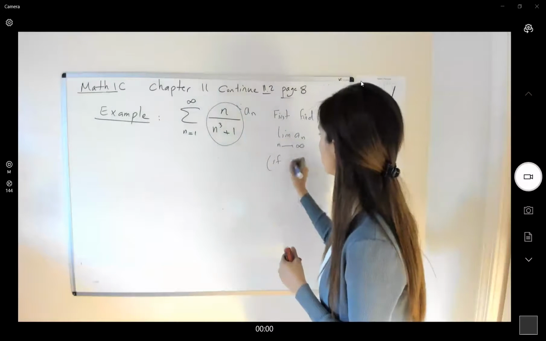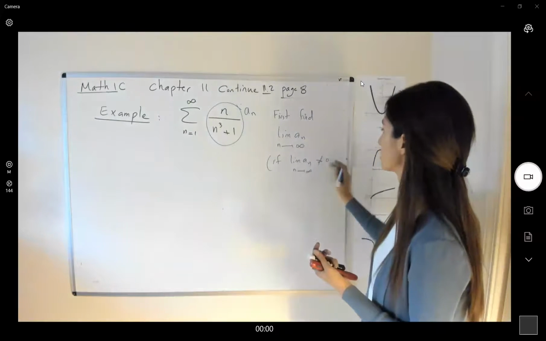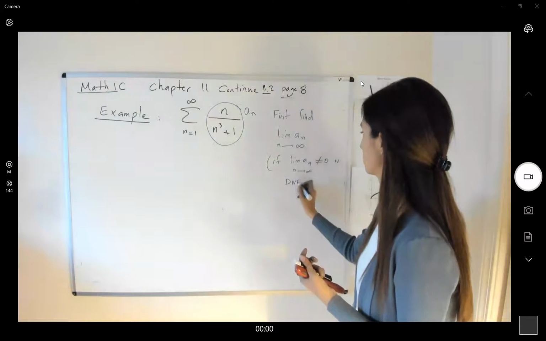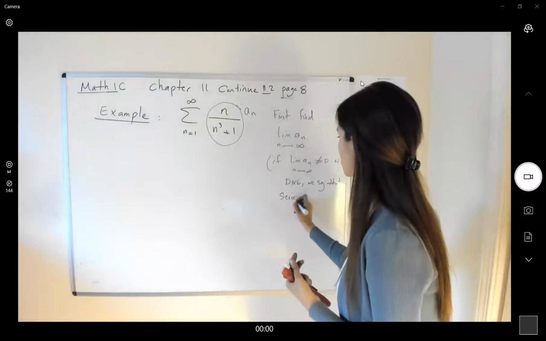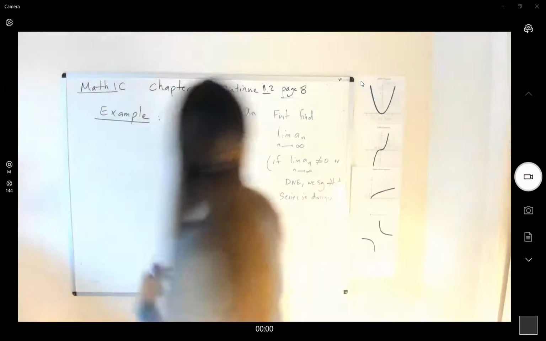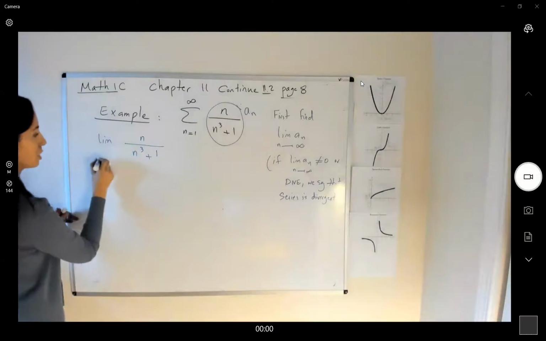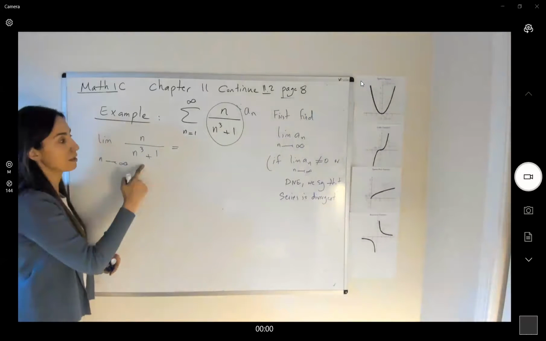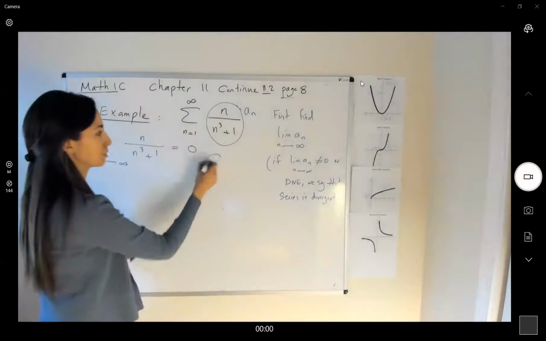Note that if the limit is not 0 or doesn't exist, we say that the series is divergent. So the limit of n over n cubed plus 1 while n goes to infinity: since the degree of the numerator is less than the degree of the denominator, this is 0.